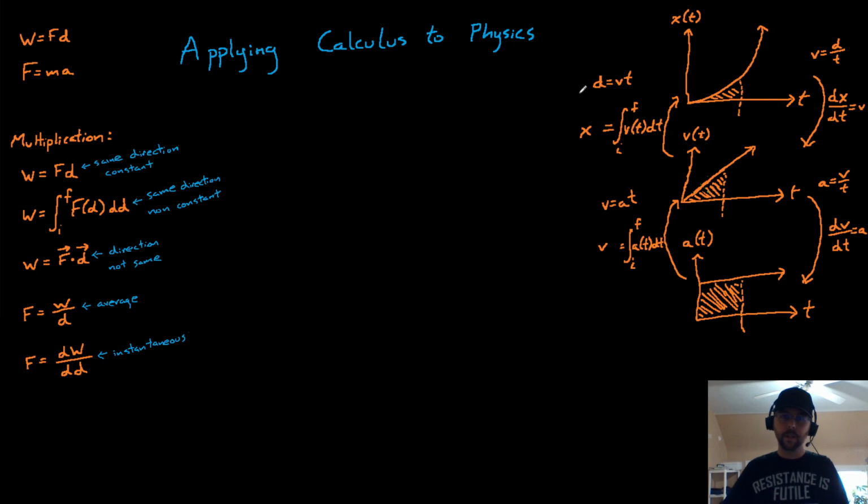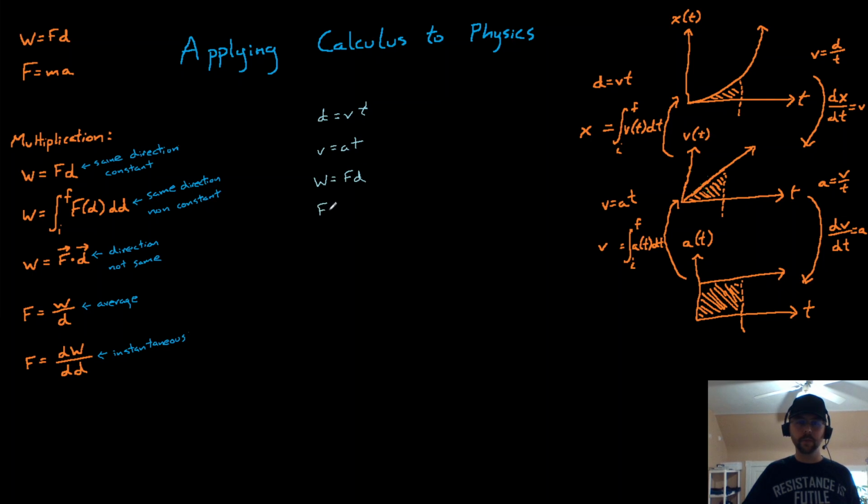So your standard formulas that you might memorize when you're learning physics, just some examples, would be displacement equals velocity times time, velocity equals acceleration times time, work equals force times displacement, and force equals mass times acceleration.